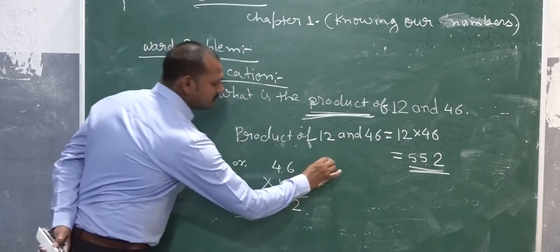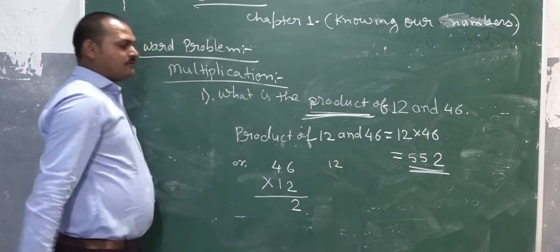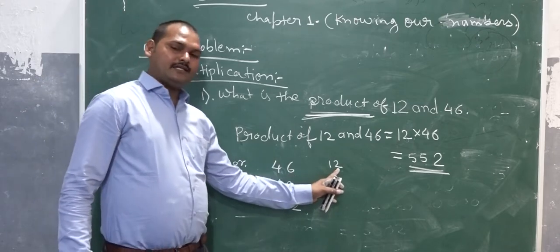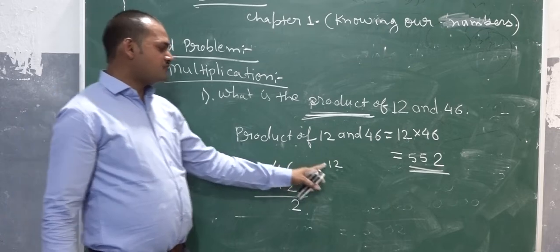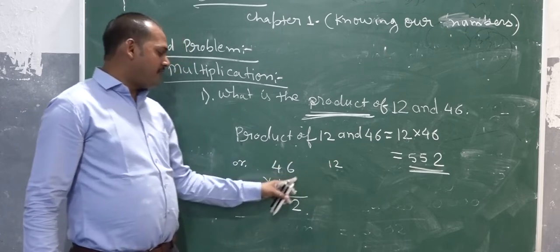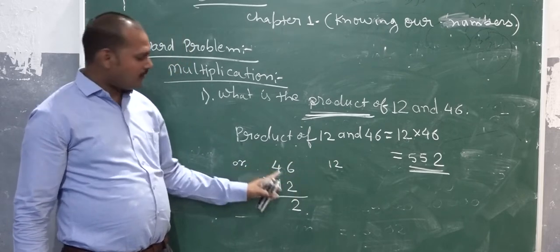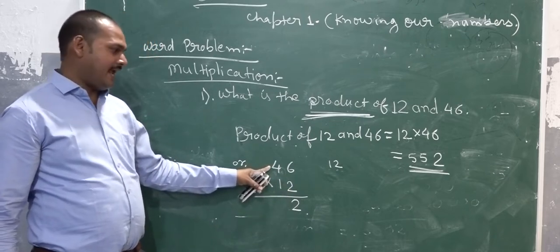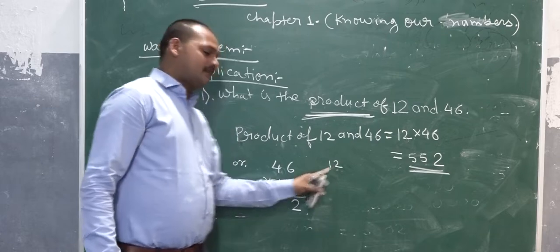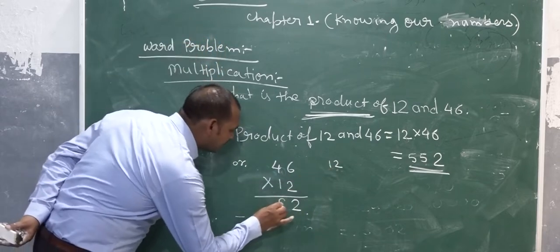Then carry. I told earlier, we write only the unit place and carry is the tens place. Means 1 is carry. Now multiply 2 into 4, then 2 4s are 8 and carry 1, 8 and 1 is 9.